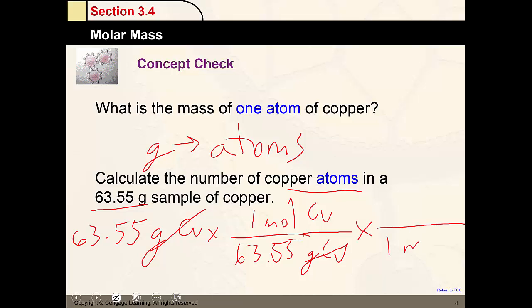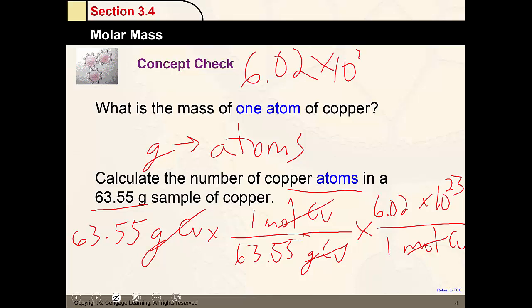Then the second step, to convert from moles to atoms, we multiply by Avogadro's number. 1 times Avogadro's number, so your final answer will be that same thing, 6.02 times 10 to the 23rd. And always put units with your answer: atoms, and atoms of what? In this case, atoms of copper, Cu.